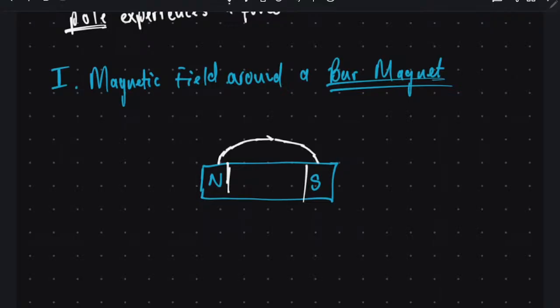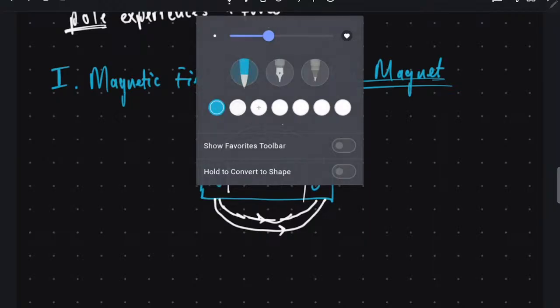So put your arrows correctly. And they will be bending. This is the easiest thing. You do a second one nicely, going from north to south. We know that for electricity, it's from positive to negative. For magnets, it's from north pole to south pole.